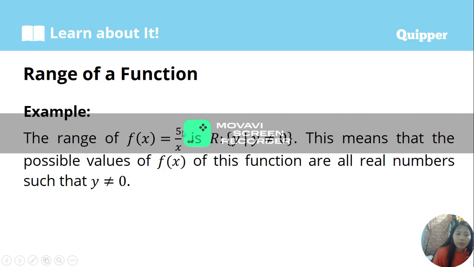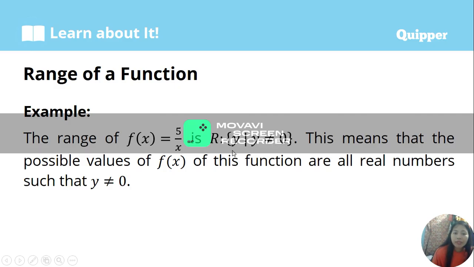So we have 0 in the numerator and 1. Is 0 greater than 1, or is 0 equal to 1, or is 0 less than 1? Of course, 0 is less than 1. So in other words, if n is less than m, that means that y equals 0. That is why our range should not be equal to 0.